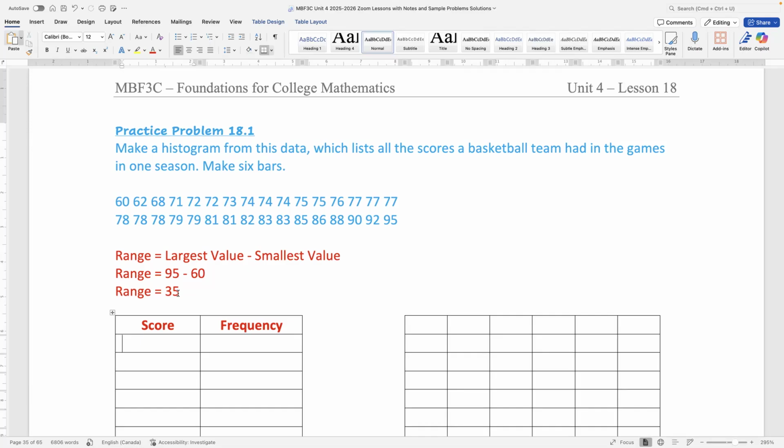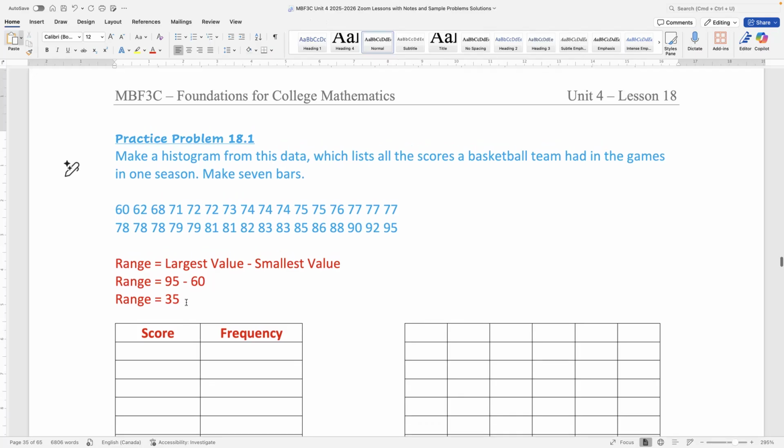If we go, let's make that 7 bars. I'm making it 7 bars because the range is 35. And if I make it 7, the range will be 5. So this would go from 60 to 65.